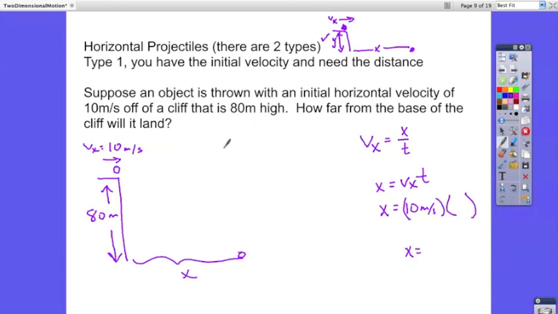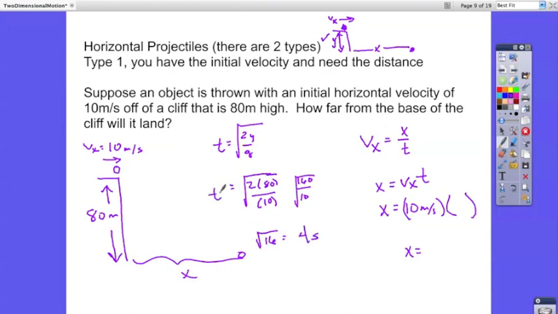So that equation that we derived, time equals the square root of 2y over g. Time equals the square root of 2 times 80 over, I'm going to use g equals 10. 2 times 80 is 160. 160 over 10 is 16. And the square root of 16 equals 4 seconds.